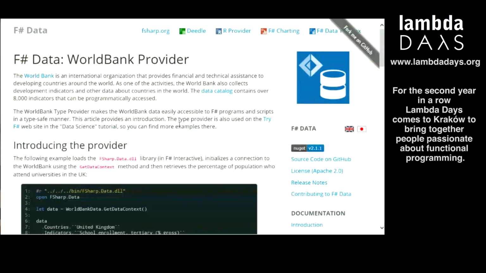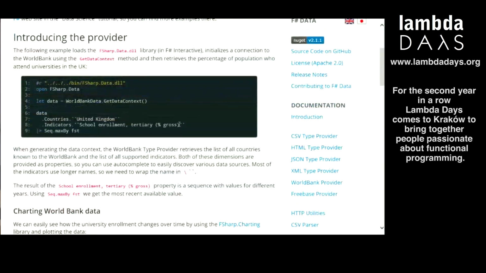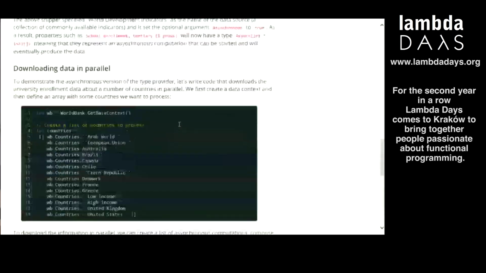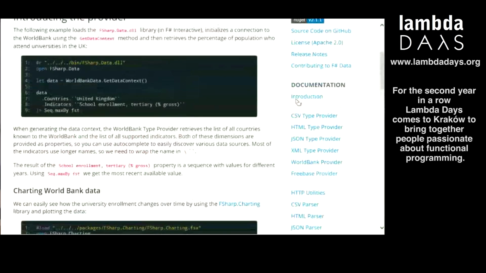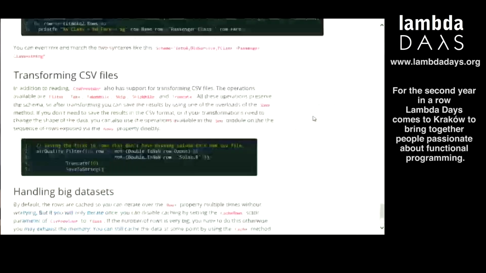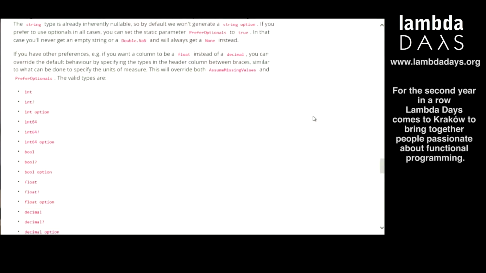So this is the World Bank type provider, and the page says, here's a code sample, this is what it does, and there's some description. Or if I go to another type provider, like the CSV type provider, that one has lots of options somewhere. So you can put in lists. So it's really just a tutorial.